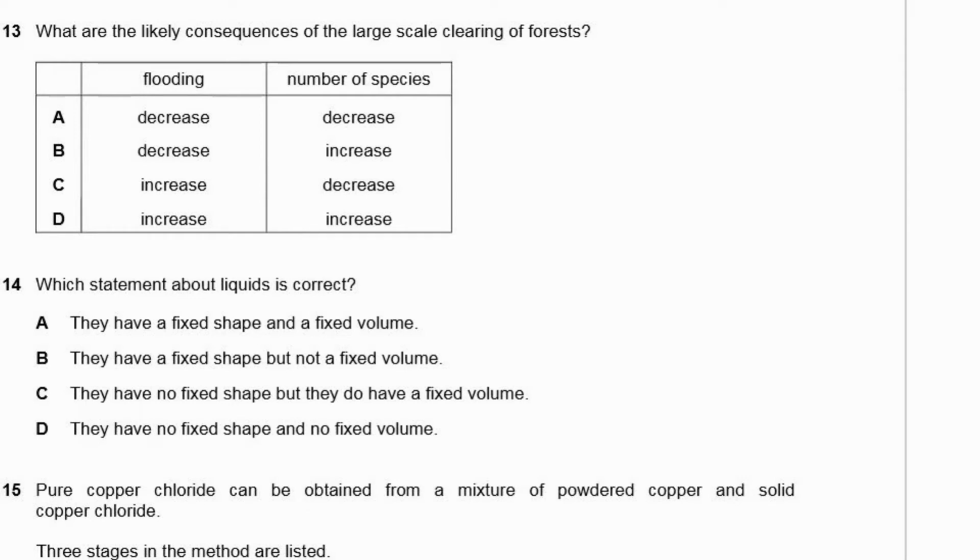So, do the chances of flooding increase or decrease if you clear large forests? The chances of flooding will increase. And will the number of species in the area increase or decrease? It decreases a lot of biodiversity when you take out a large forest, so that will decrease. The answer is C. Good.